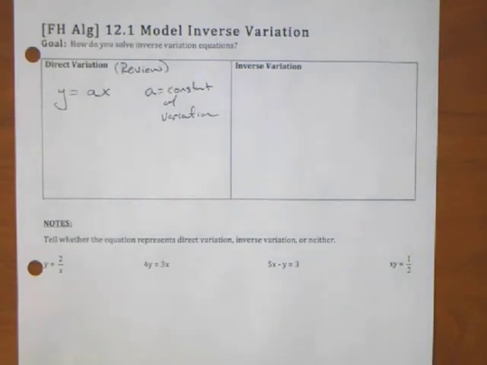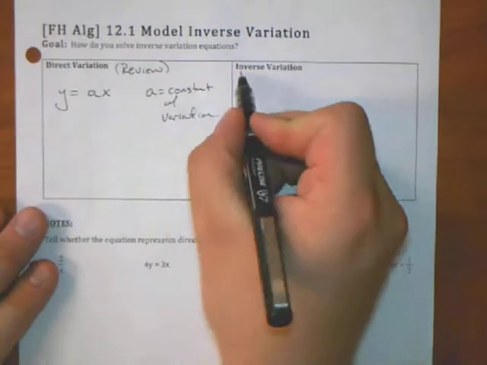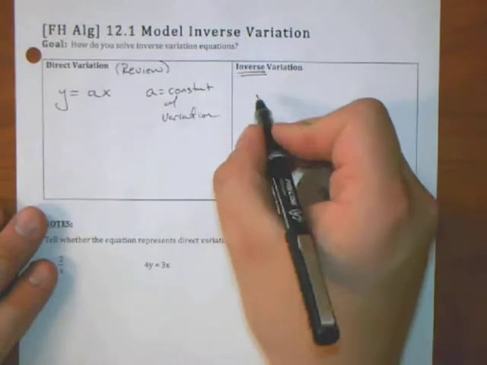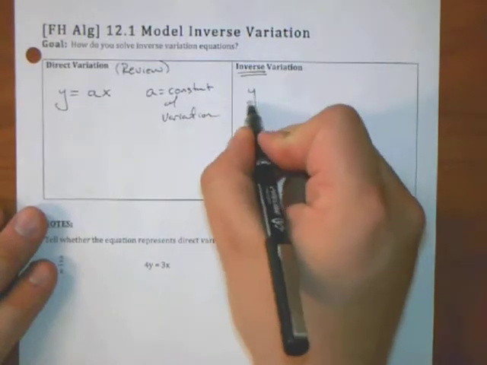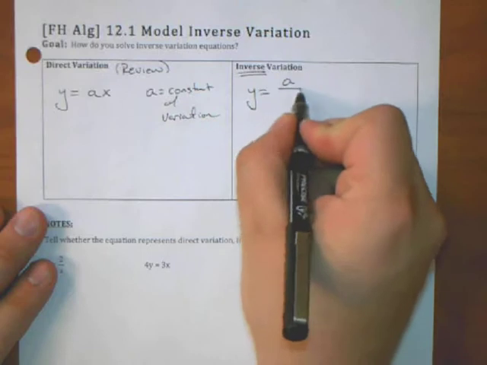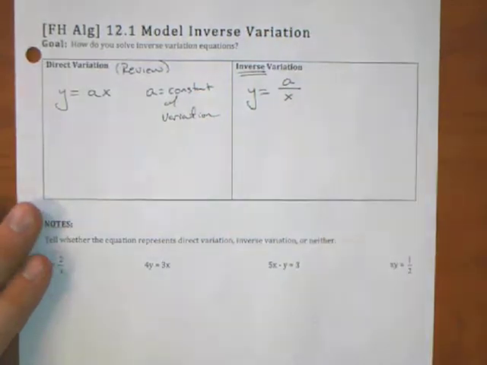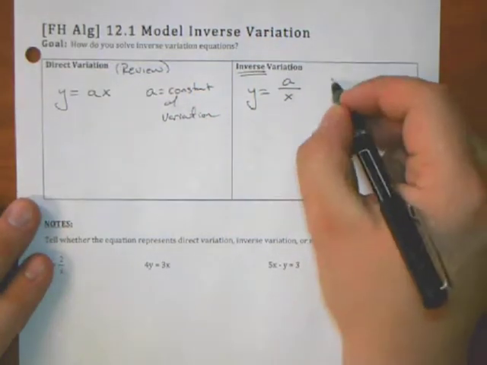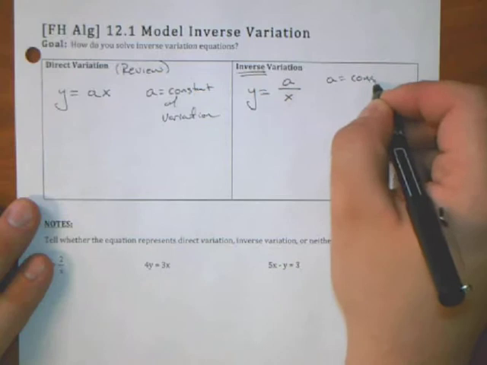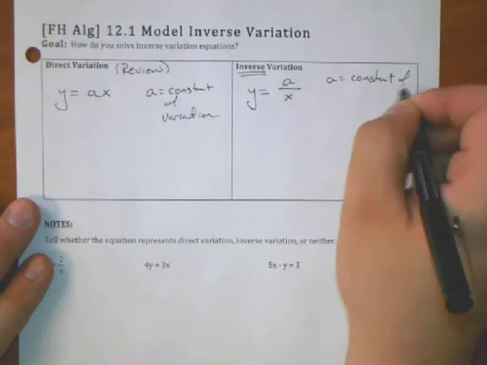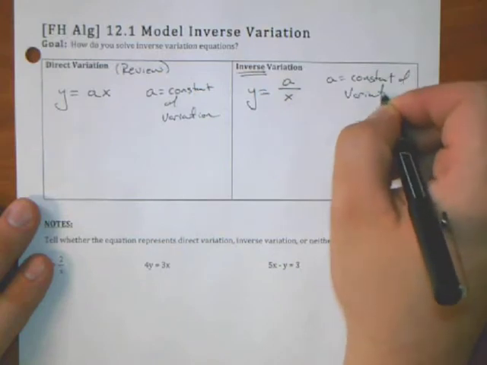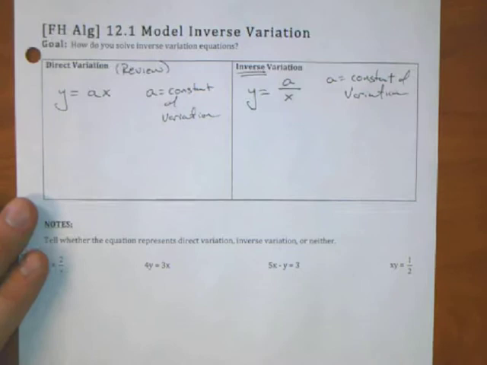We're going to look at another kind of special variation equation that's in the rational form, called an inverse variation. They have the following format: y equals A over x, where again, A is the constant of variation.